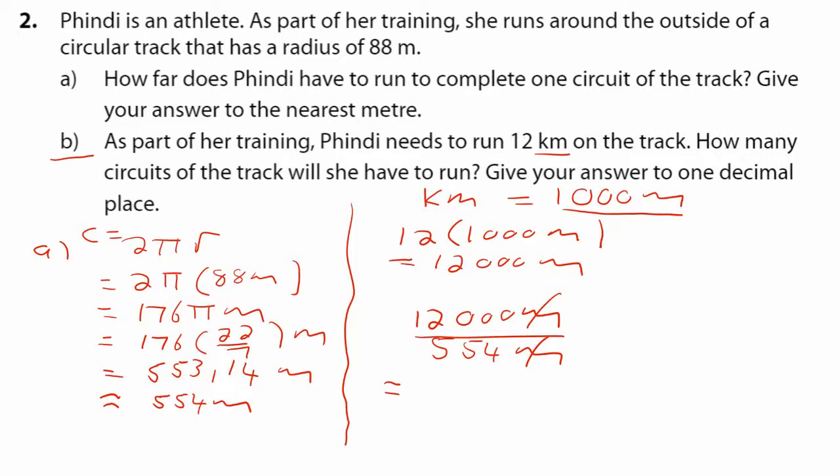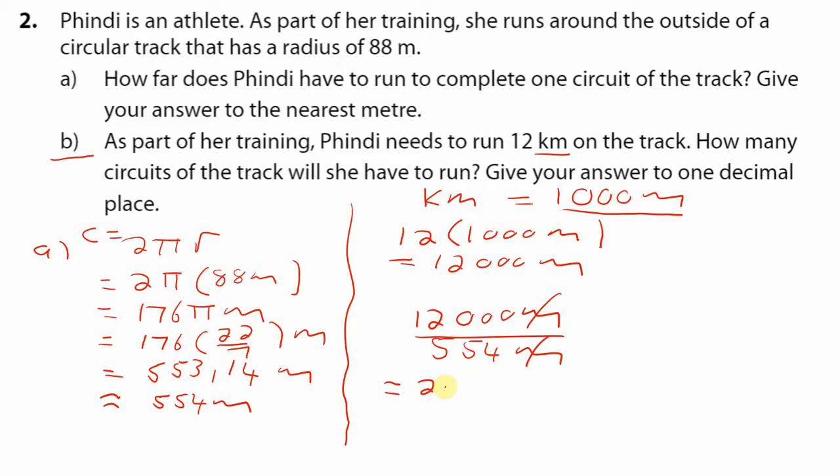Let's see how many times 554 goes into 12,000. If you use your calculator, 12,000 divided by 554 gives us 21.66. But we have to round to 1 decimal. Remember, we look at the neighbor to the right.